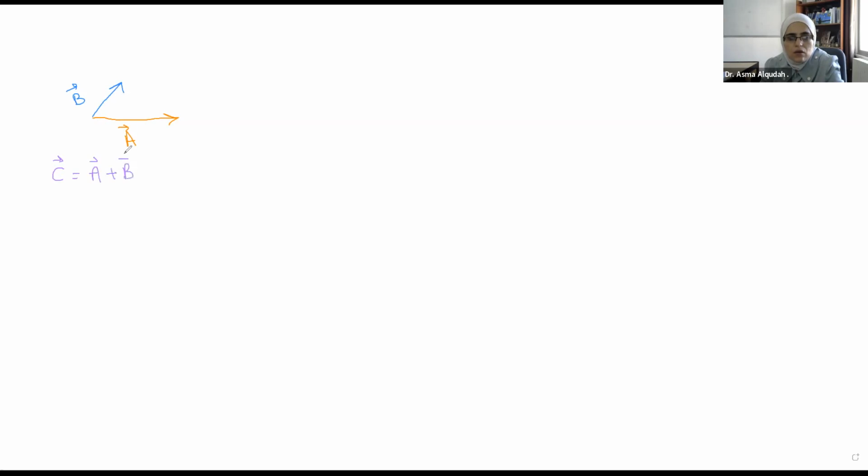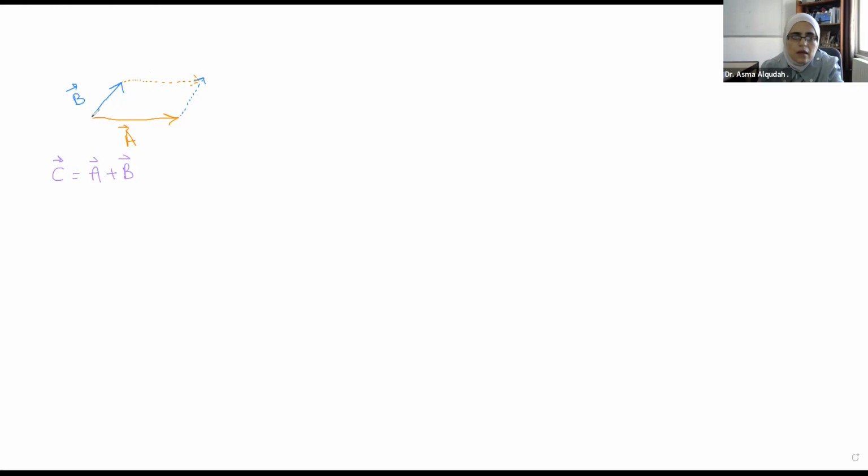Okay, so we start with the parallelogram rule, and with it we finish this shape to make it a full parallelogram. So we draw another vector parallel to B like this, and another vector parallel to A. Now the parallelogram is finished.